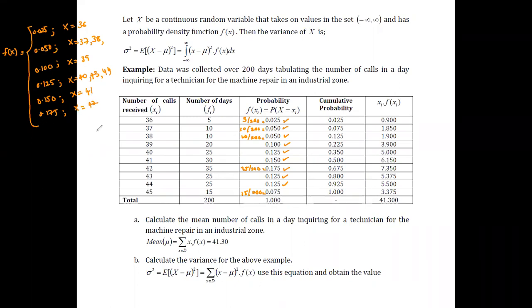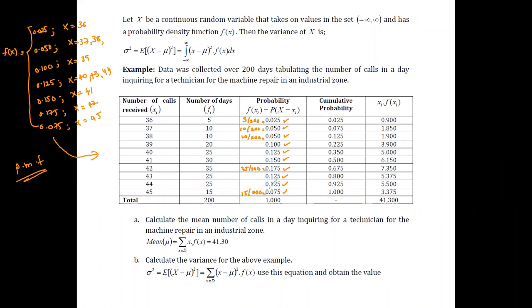Then the last one is 0.075, where x equals 45. Therefore, this is the probability mass function that we can create for the given example.